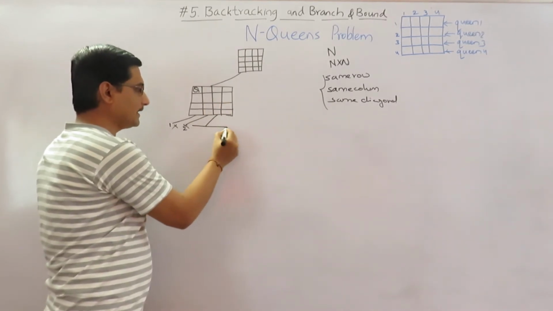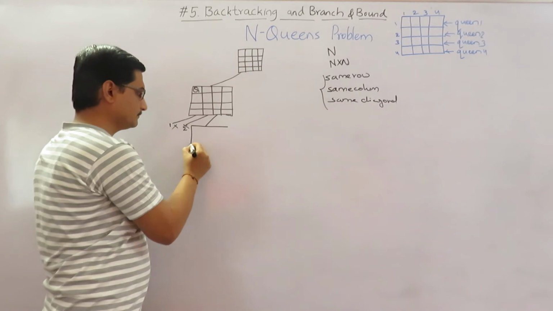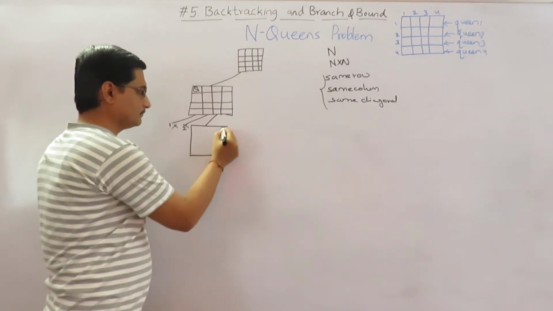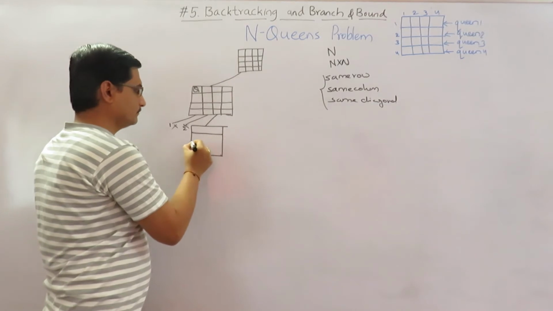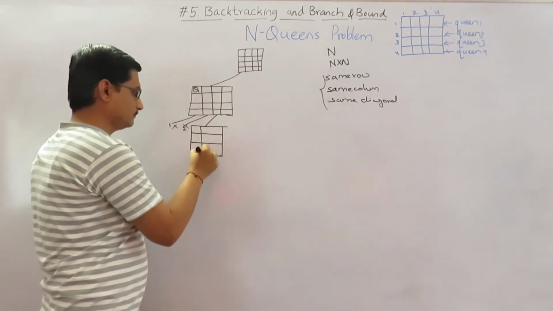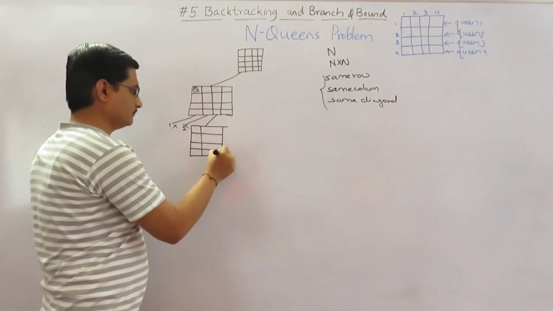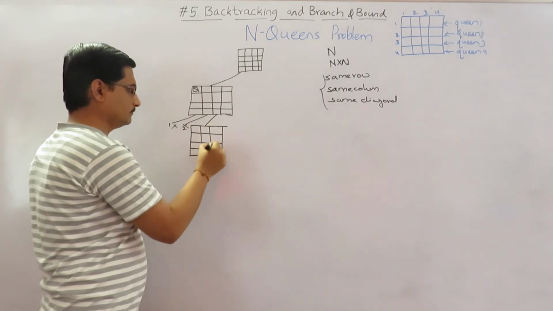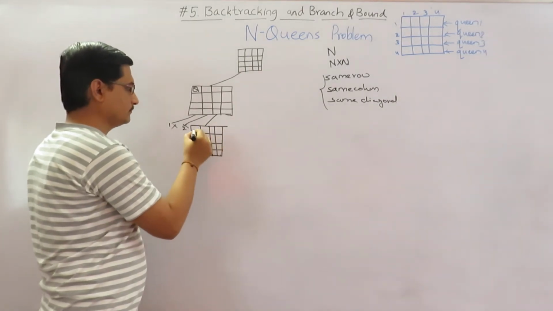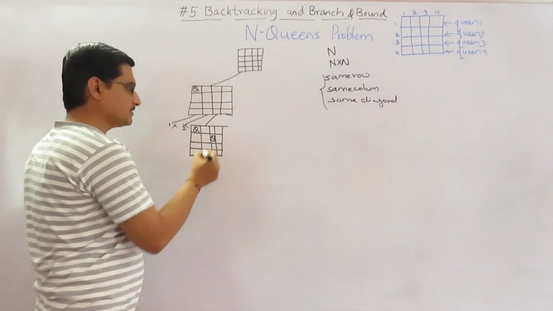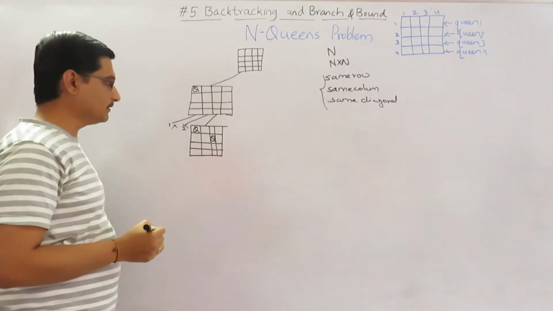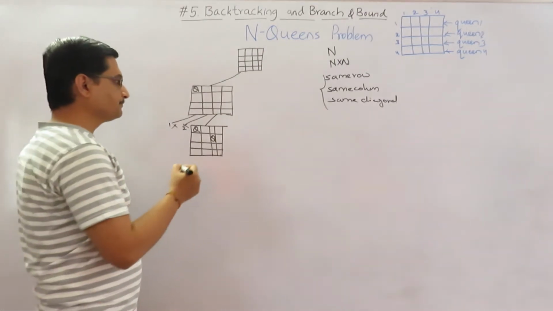We will place that like this. First queen here, second queen in the second row, third column.